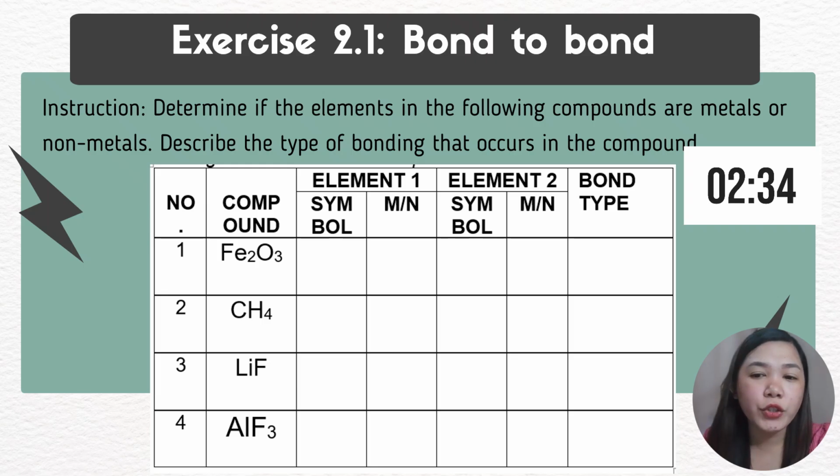Please write also in your one whole sheet of paper first, exercise 2.1, bond to bond. Make sure that you also copy the table properly and you answer it also.